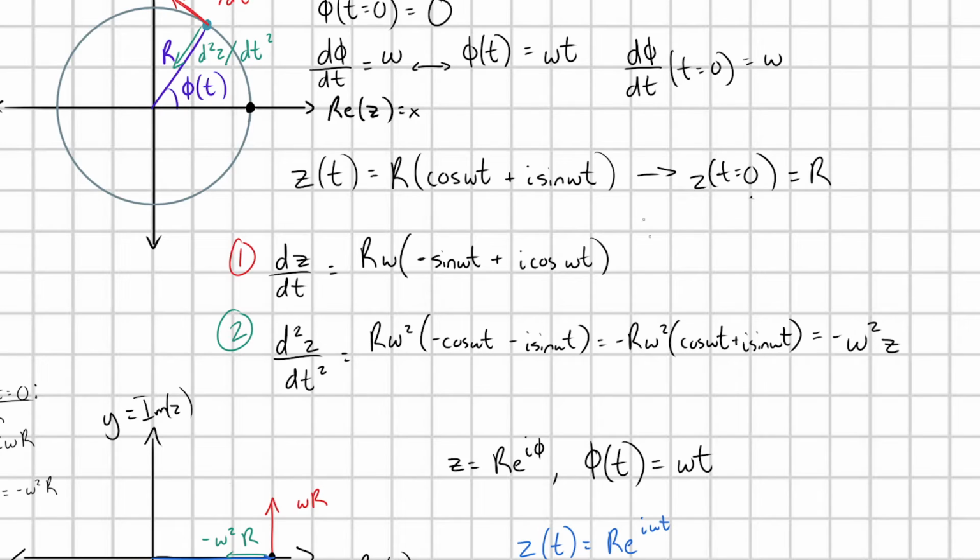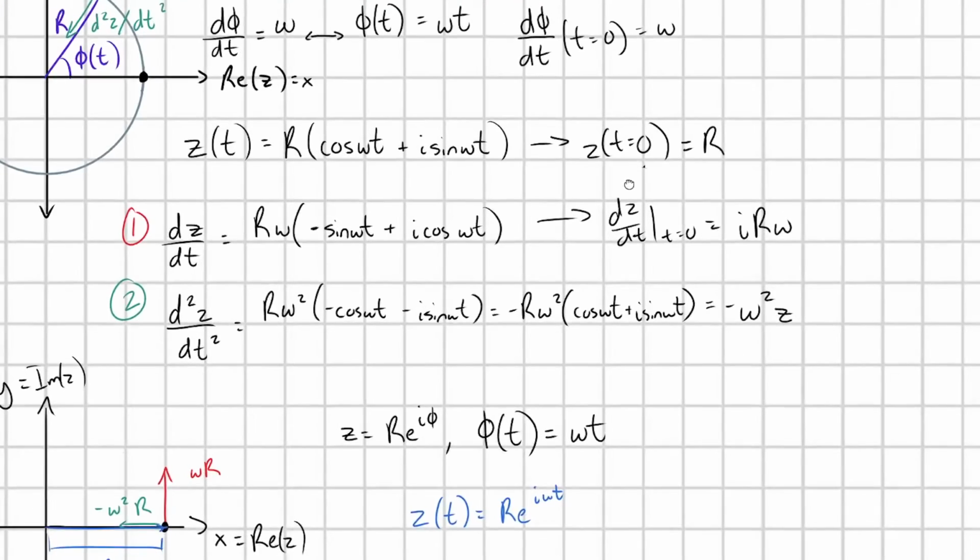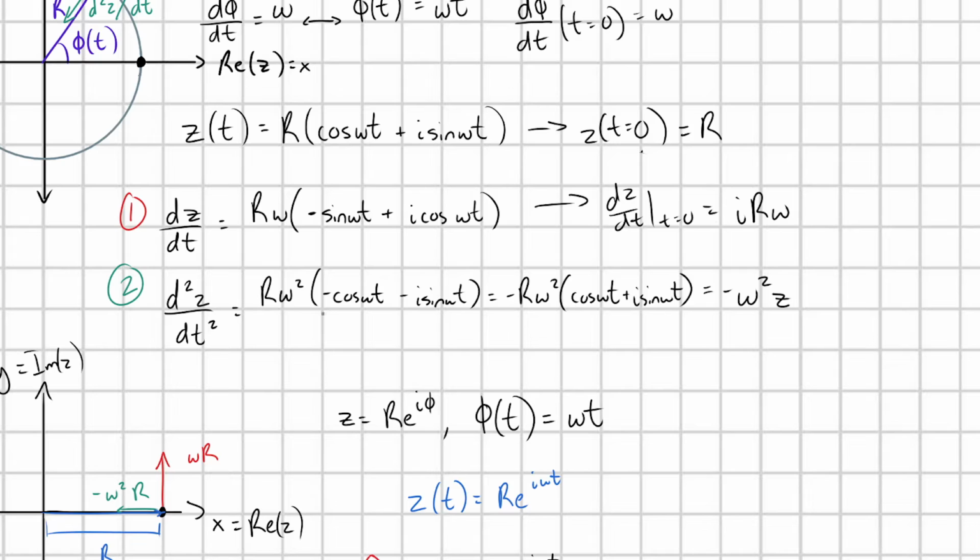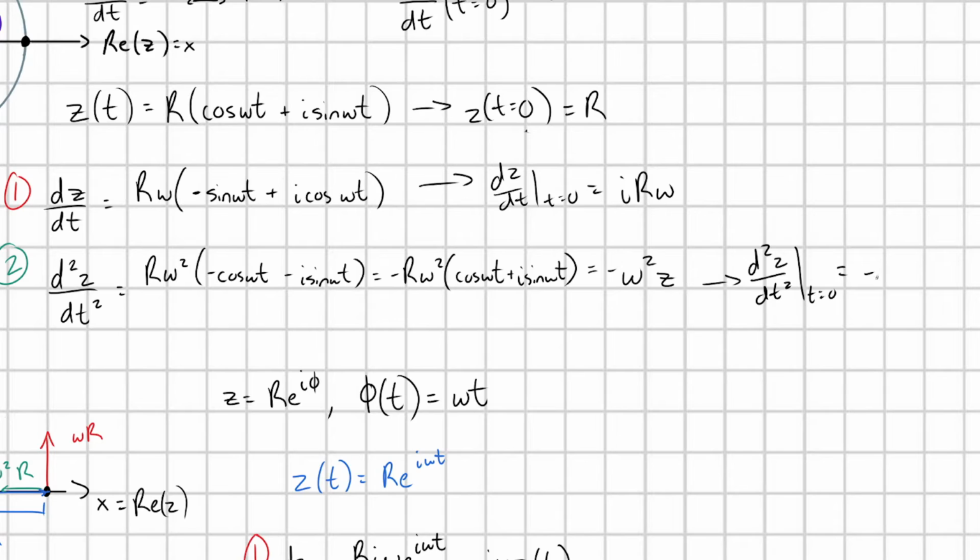If I input t equal to 0 into dz dt, do this really quickly, even in your head, we can see that this is just going to be equal to i times r omega. And if I plug in t equal to 0 in this third statement, d squared z dt squared evaluated at t equals 0 is also just going to be equal to minus r omega squared. Again, plugging in t equals 0 outputs 1, this spits out 0, and we're left with minus r omega squared.